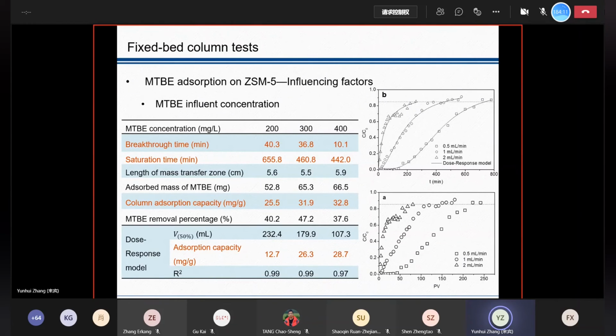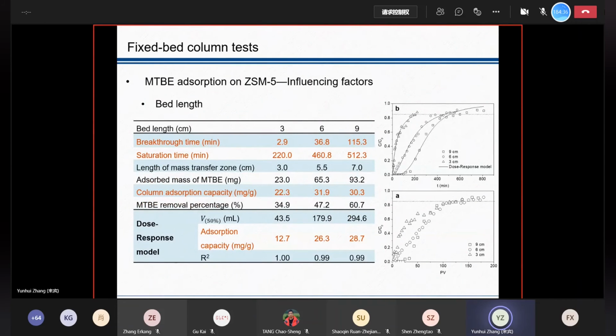This is because the higher concentration gradient at higher inlet MTBE concentrations caused a stronger mass transfer driving force and faster transport in the column, leading to a quicker saturation of the adsorption sites on the ZSM5 surface.